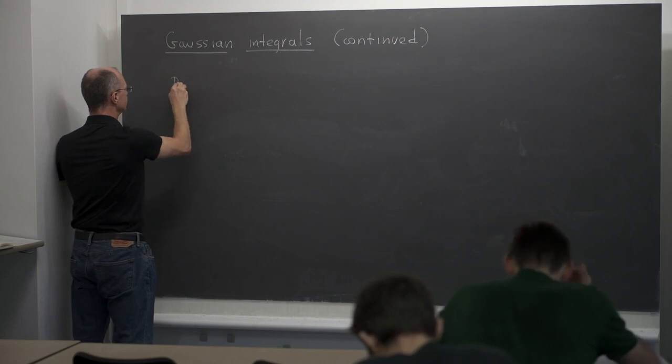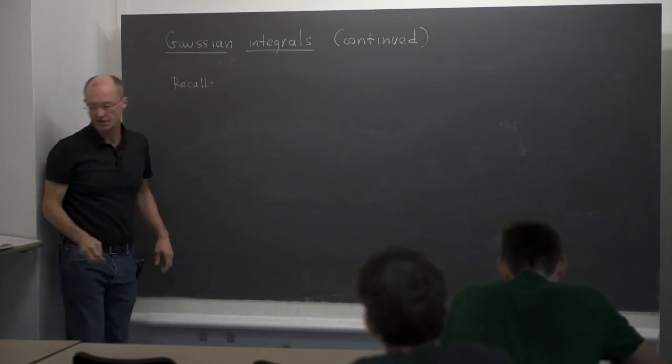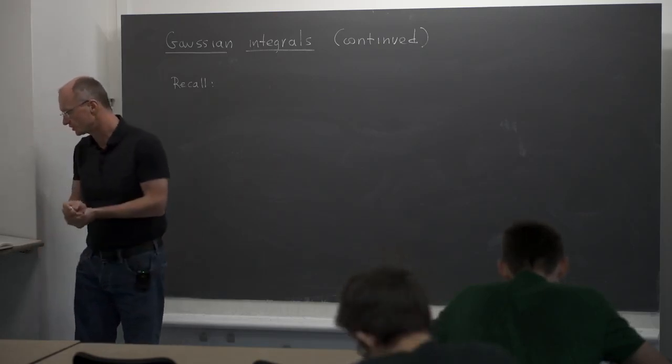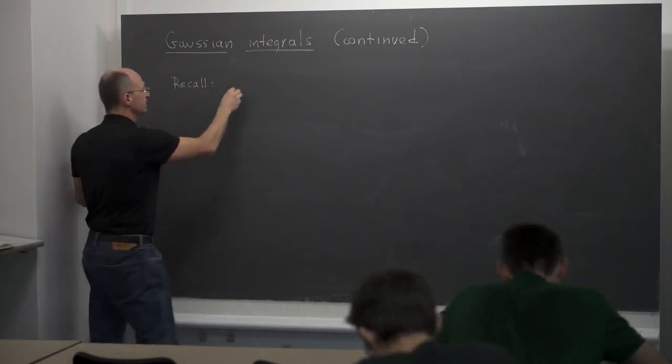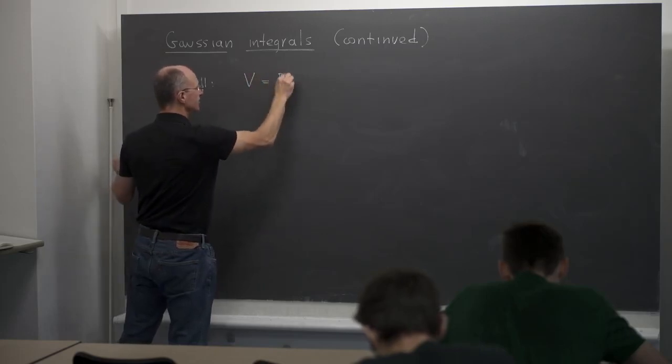So let me recall the setup. First, in the finite dimensional case. So we looked at various Gaussian integrals. So let me recall one of the formulas that we had.